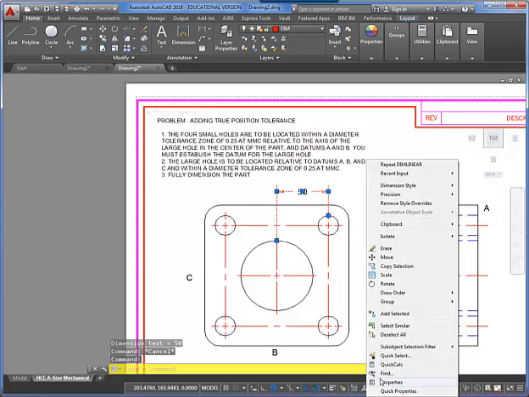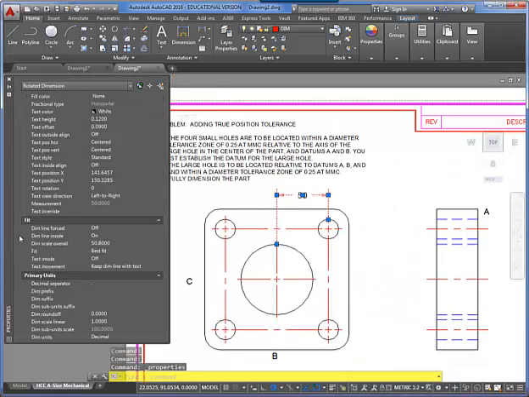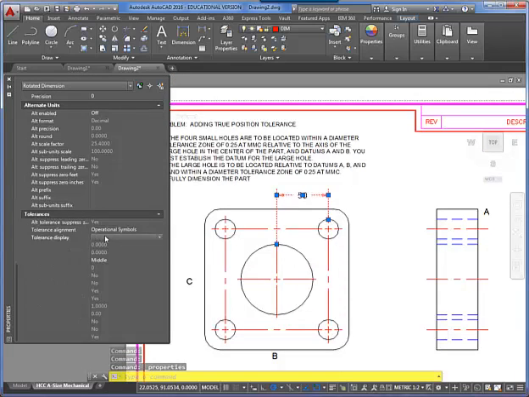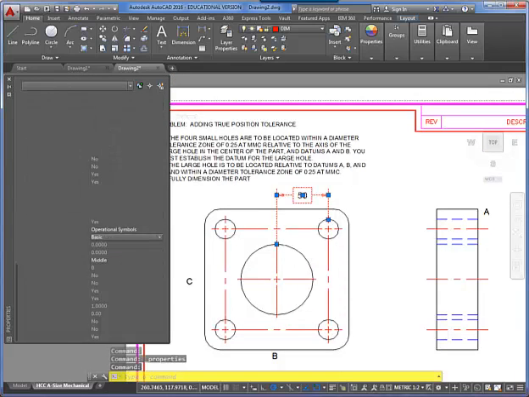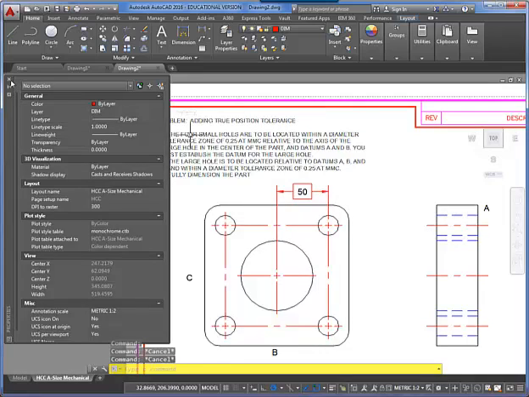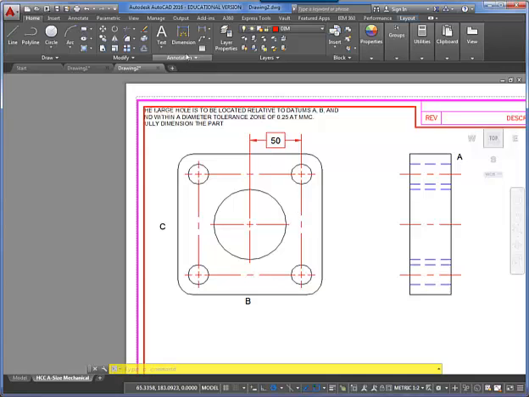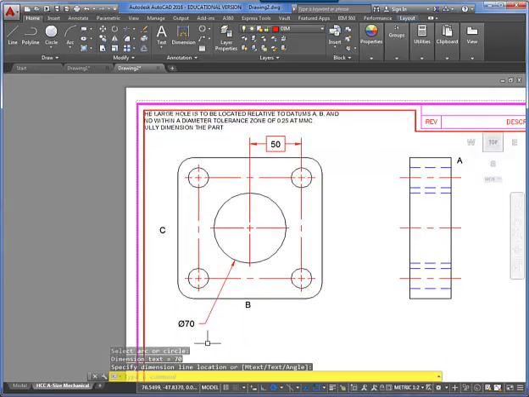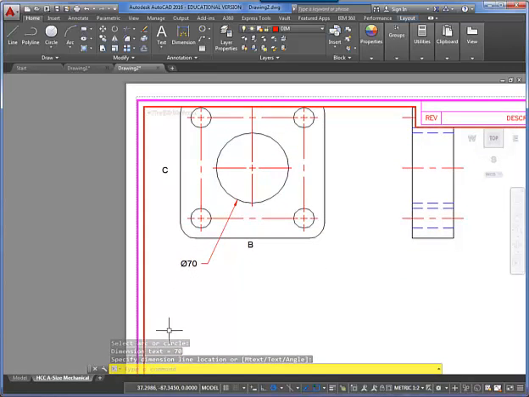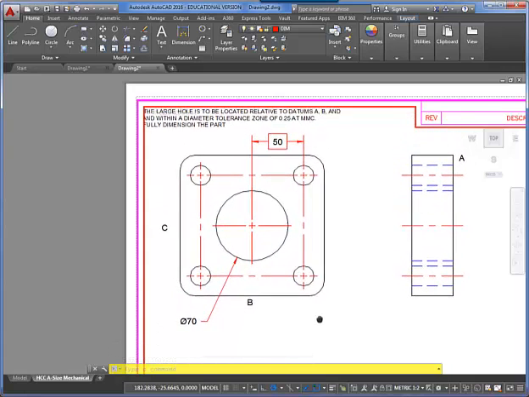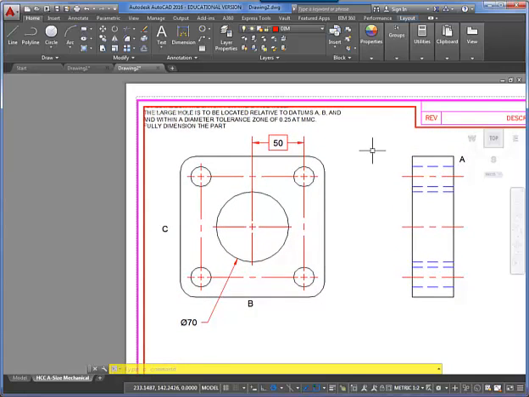So I'll go to properties in case you've forgotten how to do that, and come down to tolerance display and set it to basic. And then when I call out the tolerance, then I'm going to make it relative to datum D. So whatever this hole is, as I dimension it, and then I add the control frame underneath it, then I'll also call it datum D so that I can reference datum D in these other holes.